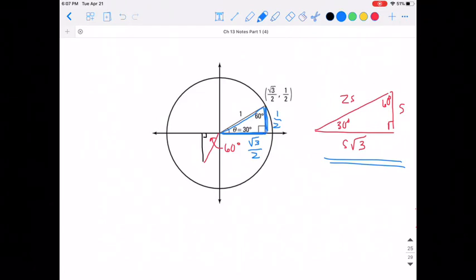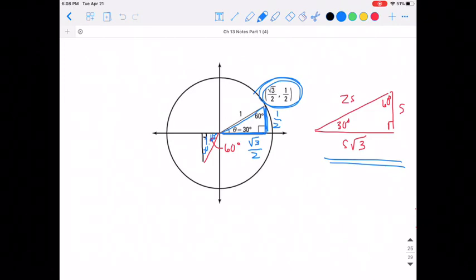And just like our 45, 45, 90 triangle, these numbers for the most part are going to stay the same. They might flip depending on if it's a 30-degree theta or a 60-degree theta, and they might become positive or negative depending on which quadrant you're in. So if we look at this 60-degree triangle here, 30, 60, 90, where 60 degrees is our theta, now it's a little bit different.